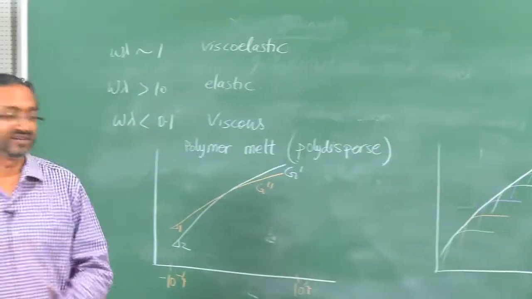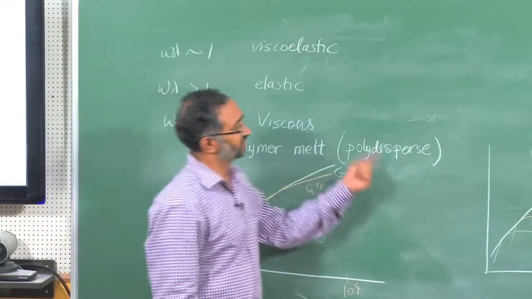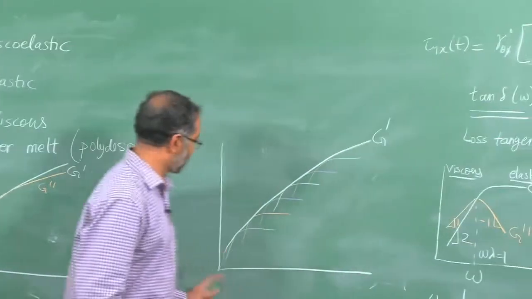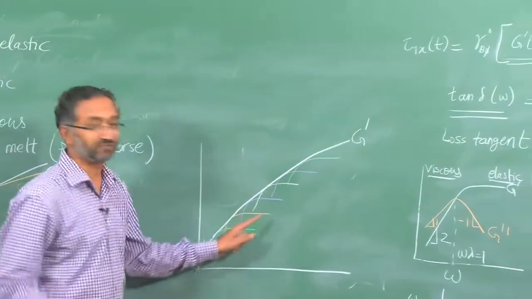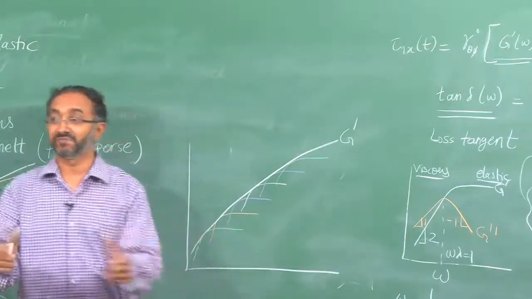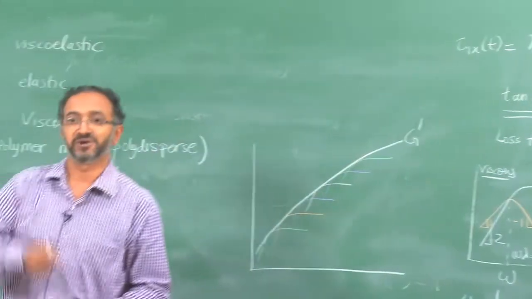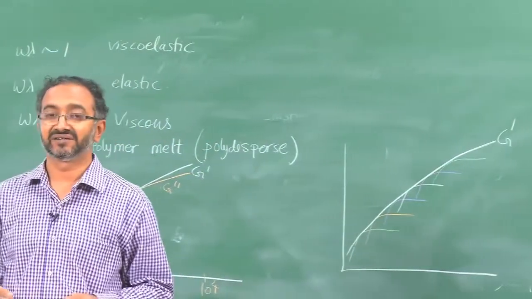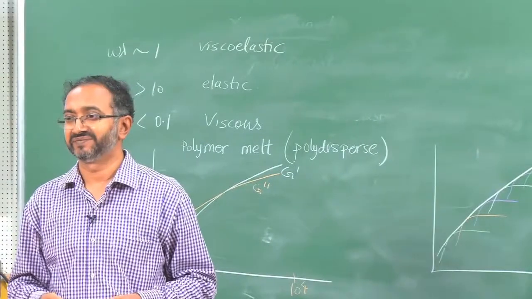Every one of these is a G prime that starts rising, but then becomes constant. What I have drawn here is that each of these is one Maxwell mode. If I put several such Maxwell modes and combine them together, then it is possible for me to describe the overall storage modulus of a real material.